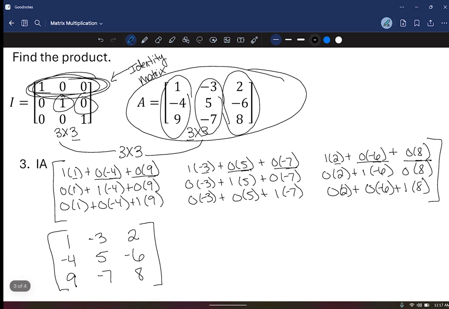So identity matrices are always square, and they always have a 1 as each of the elements in your main diagonal, and then zeros for all other elements. So write that down somewhere. Identity matrices are always square with a 1 as each element of the main diagonal and zeros for all other elements. So always square.